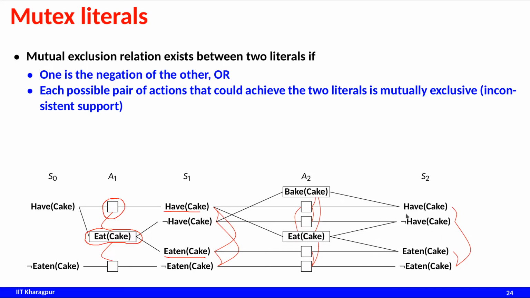But in this situation, have cake can be generated from bake cake, and not eaten cake can be generated from the persistent action, and these two are not mutex actions, so they are not mutex literals.